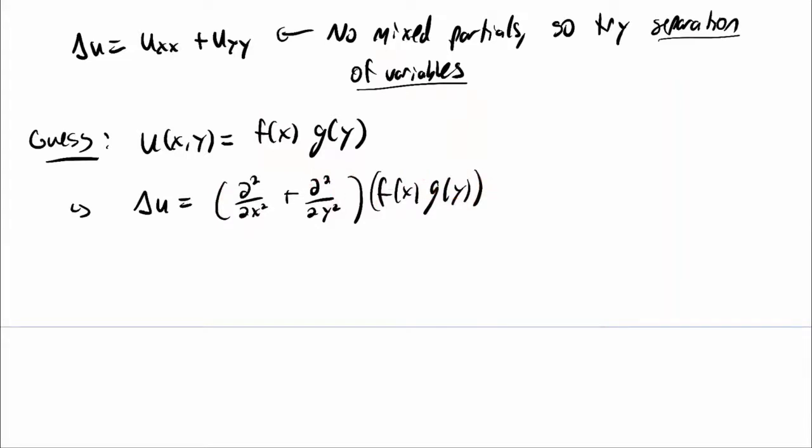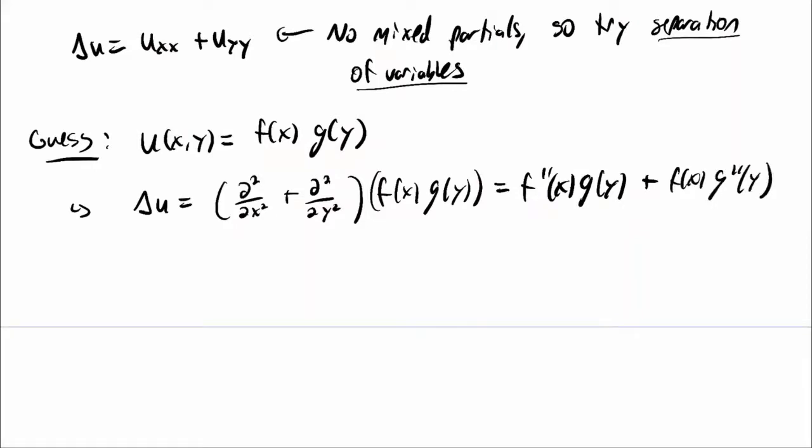And so if you write this out, this is equal to f double prime, from the x operator, which doesn't do anything to g. And then you also add on the piece corresponding to the second derivative with respect to y of this product. So you get f of x times g double prime of y.